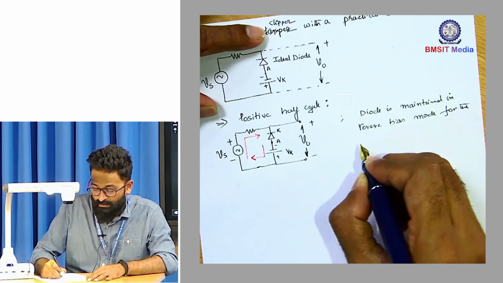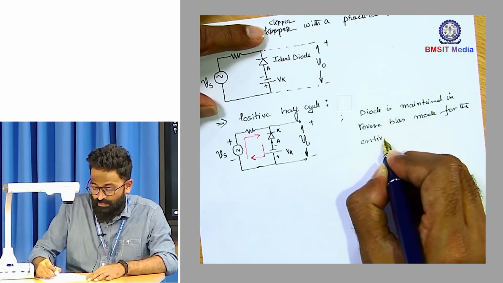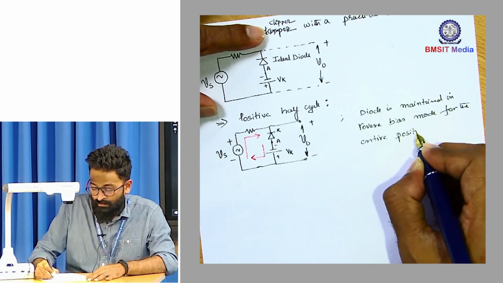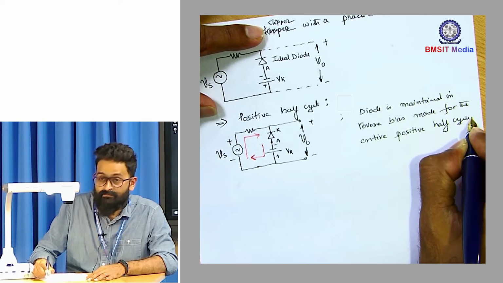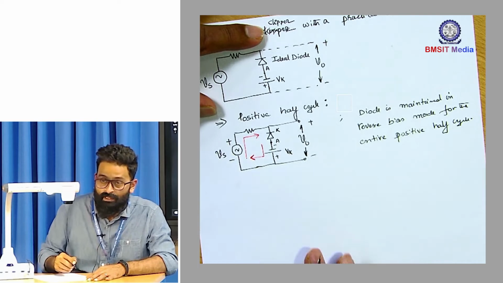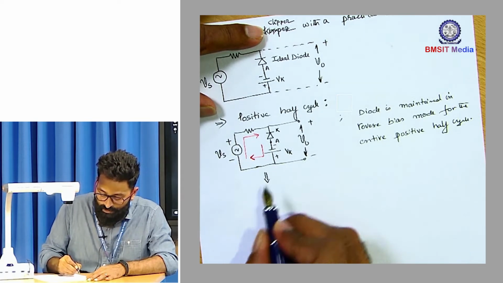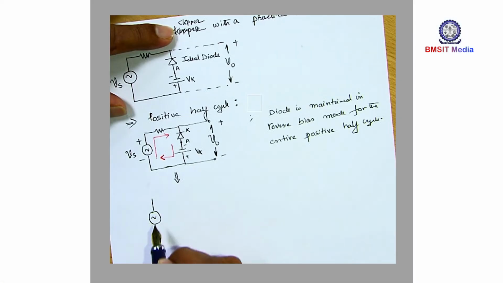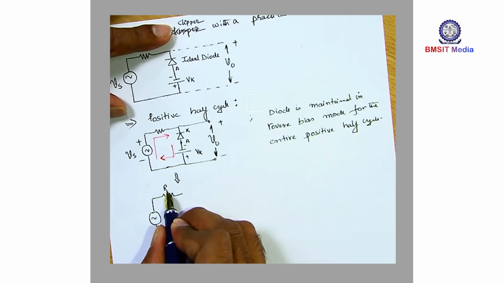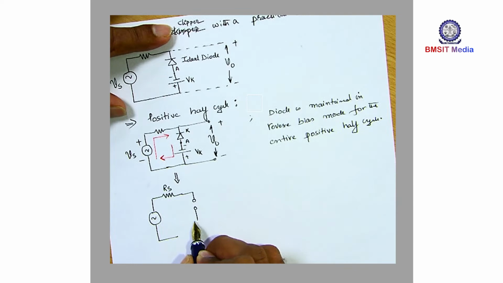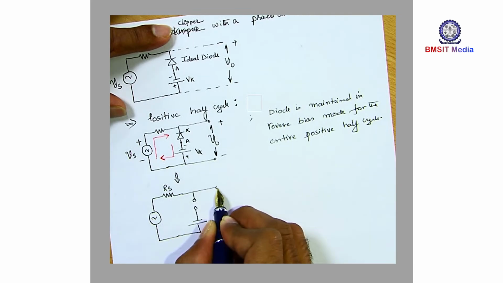for the entire positive half cycle. And due to which what happens? Due to which the diode can be replaced as an open circuit element. So I is equal to 0 amperes.